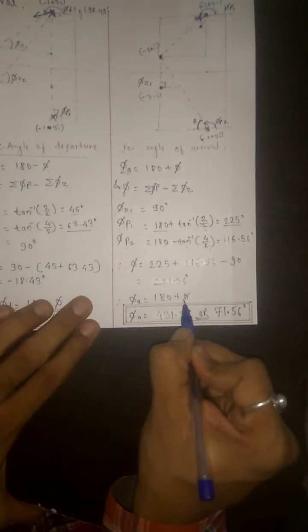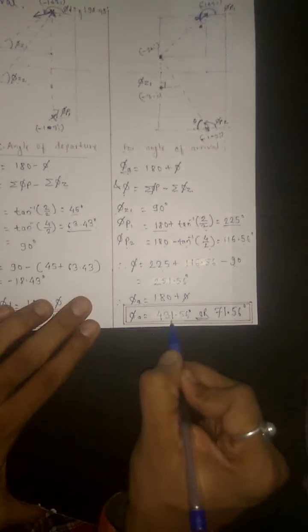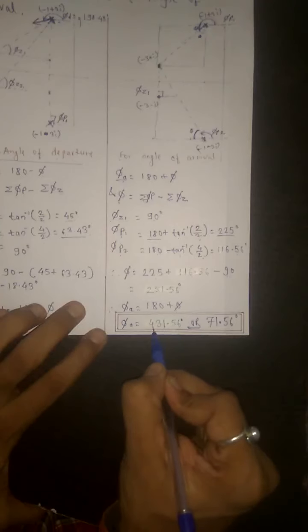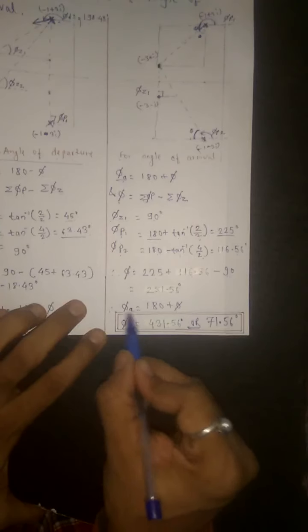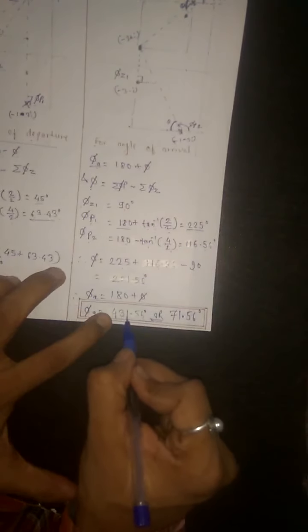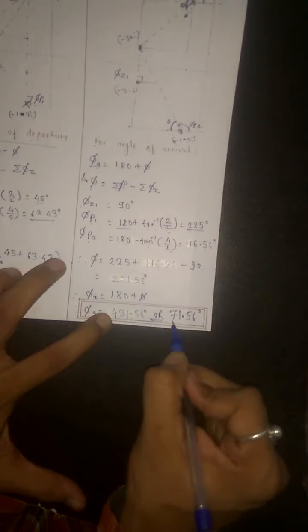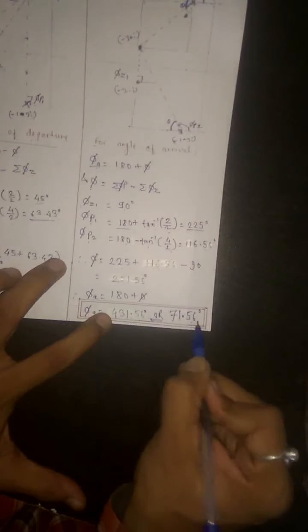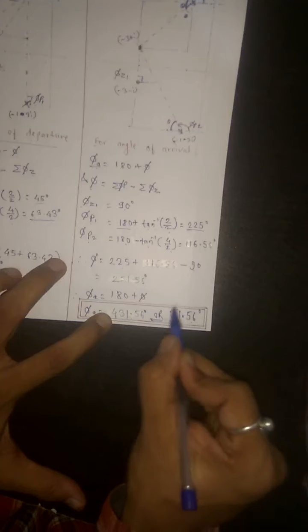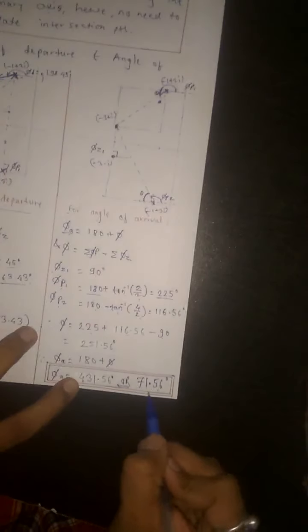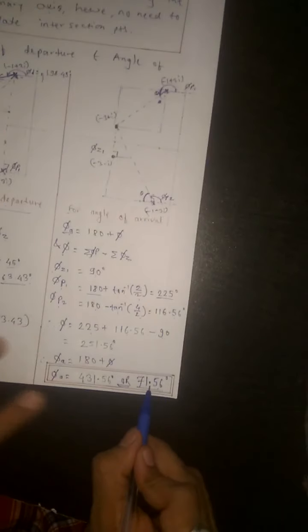So 180 plus 251.56 will be 431.56 degree as phi A, the angle of arrival. Or we can subtract 360 from this figure, so you'll get 71.56 degree. So this is our required angle, known as the angle of arrival.